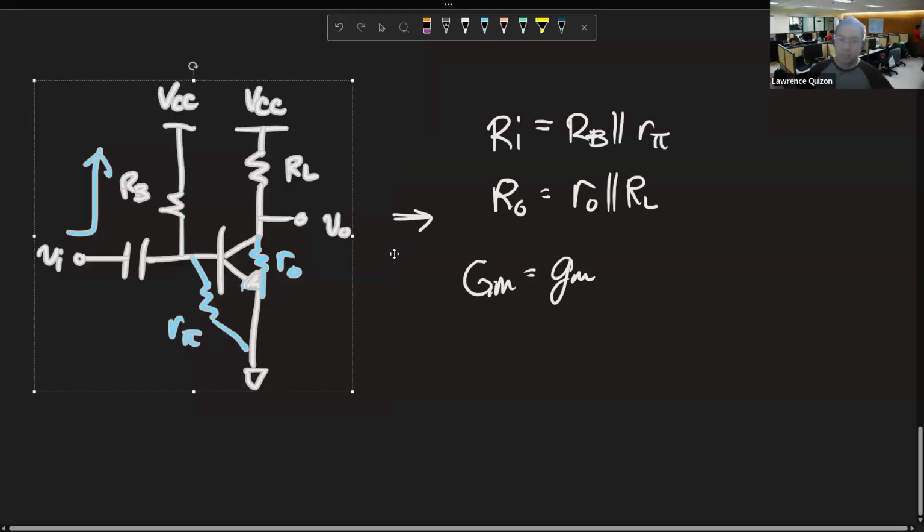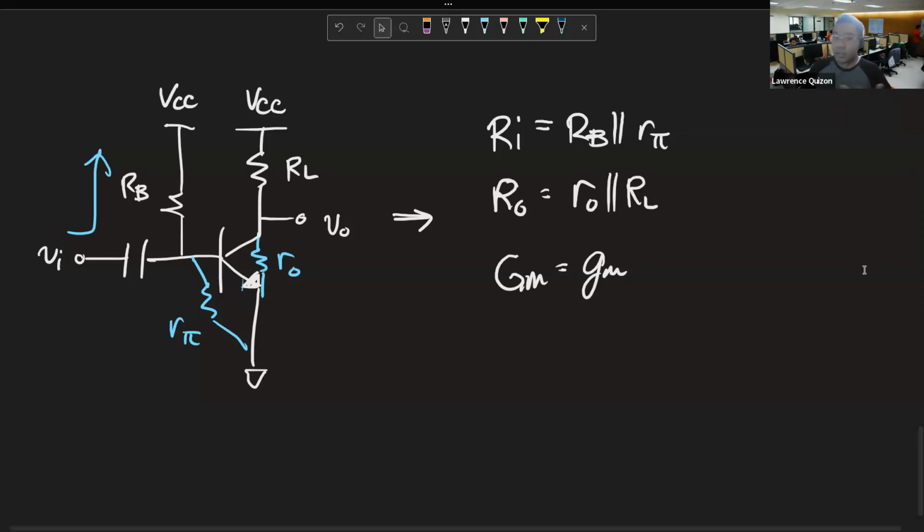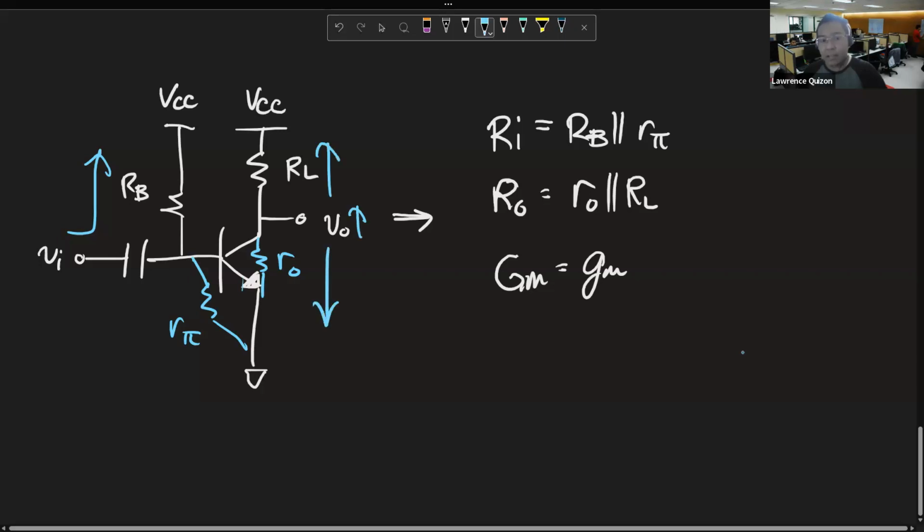But looking at the original circuit, the answers that we got actually do make sense. The most important part that I want to impart is that when we look at the original circuit, intuitively, these make sense. When we increase R out, current flows here and here.